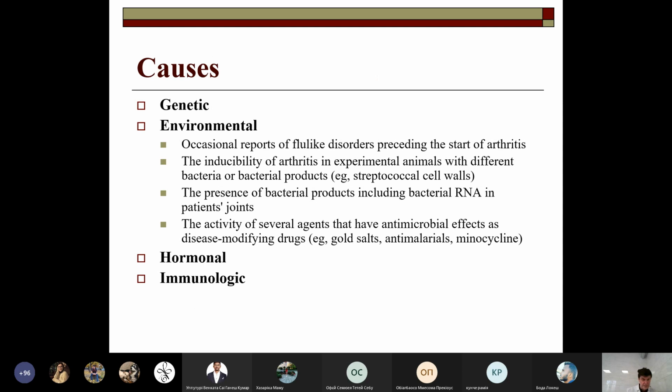What more about causes? So on the slide we can see combined causes exist. Genetic, environmental, hormonal disbalance and immunological causes are incorporated in our up-to-date knowledge. What about genetic predisposition?